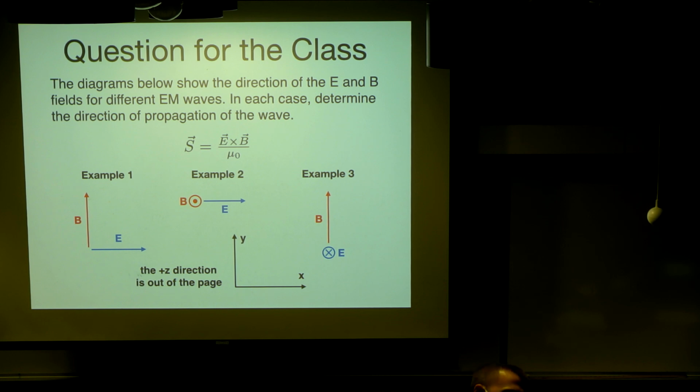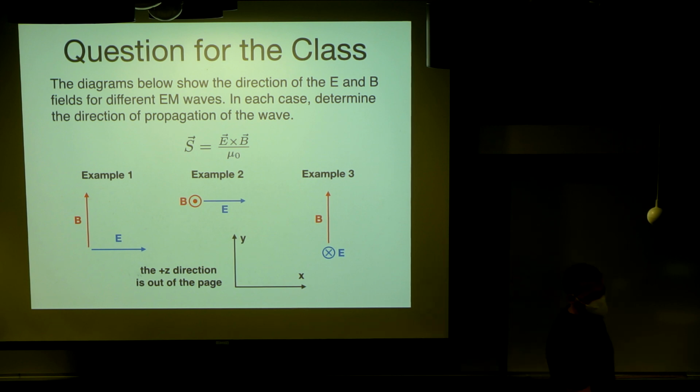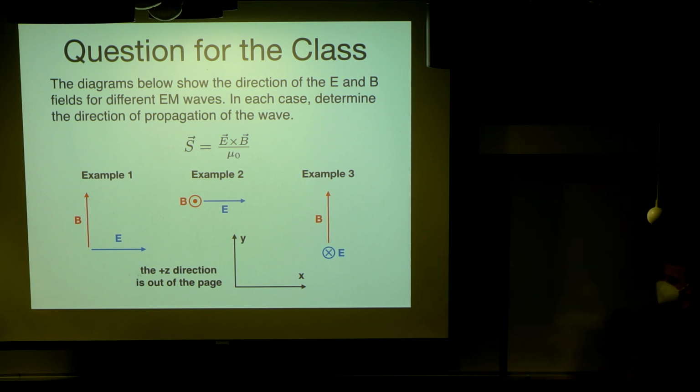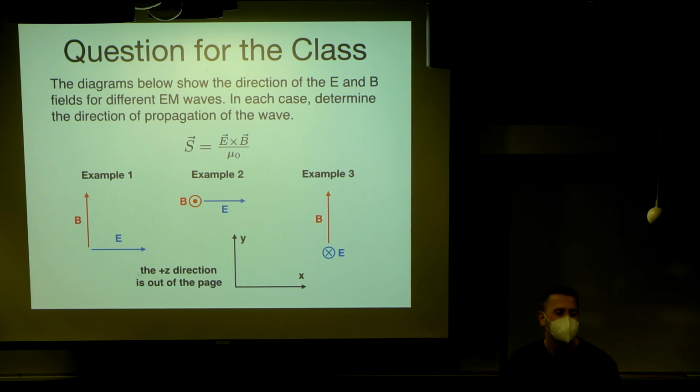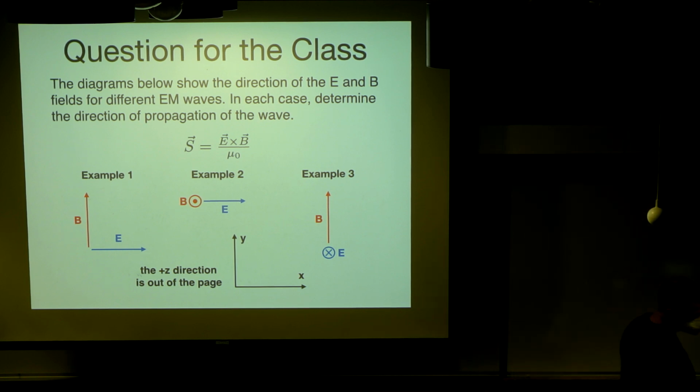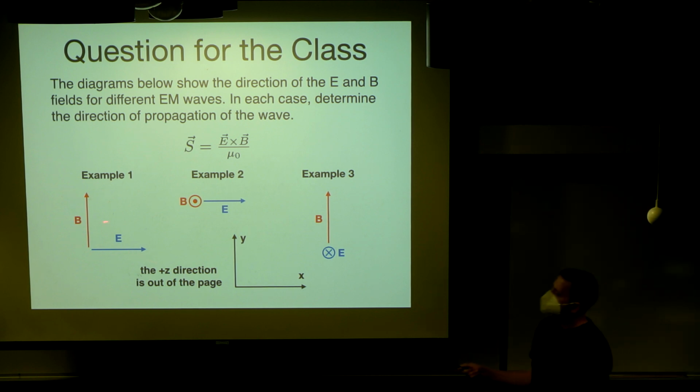All right, so if you're not doing the right-hand rule, you're not doing the problem, so let's just see some of this. What are we getting for this first case right here?